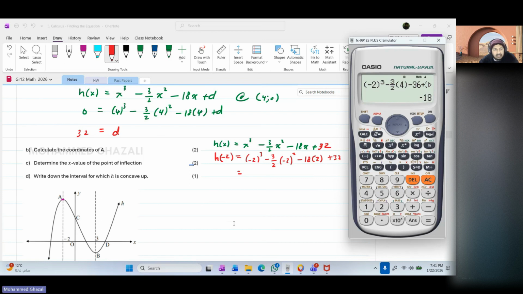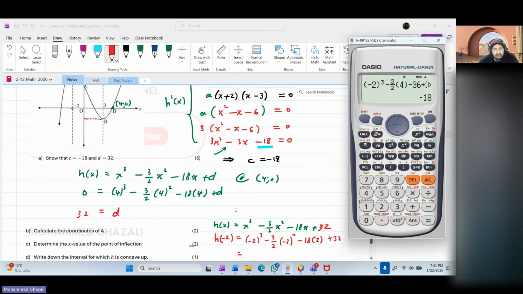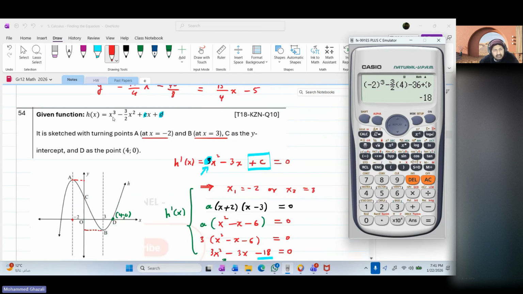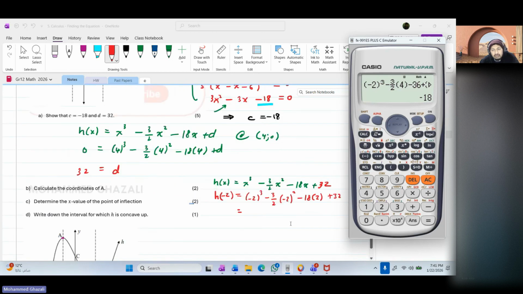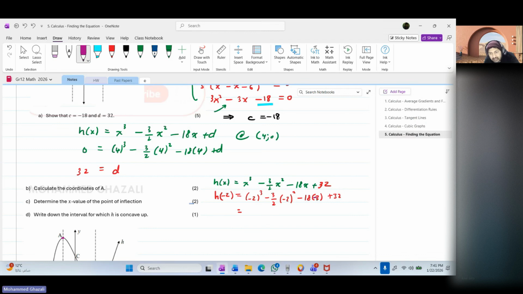I'm getting -18. Why am I getting -18? Shouldn't be getting -18. X cubed minus 3 over 2 x squared minus 18x. Oh, the value of C is -18. I'm making a mistake, yes. Because I put 2 here, supposed to be putting -2 there, right?